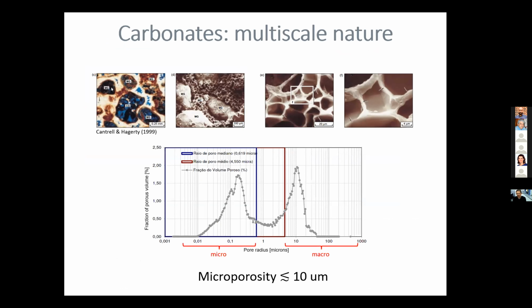In this study, we are considering some carbonate rocks. Carbonate rocks are very complex structures when you look at the internal regime. That kind of rock can present a very wide pore size distribution. So it's possible to see pores with a size of millimeters, and in the same sample we can see pores with some micrometers.